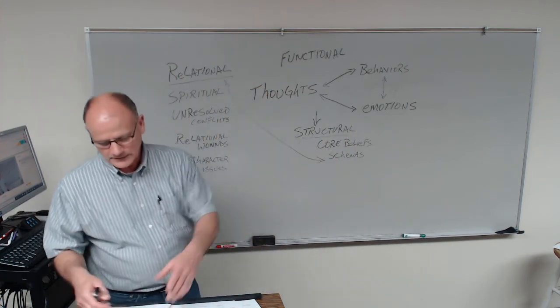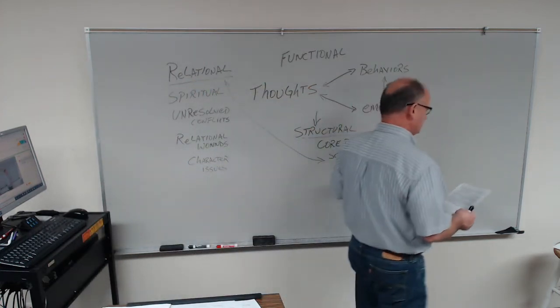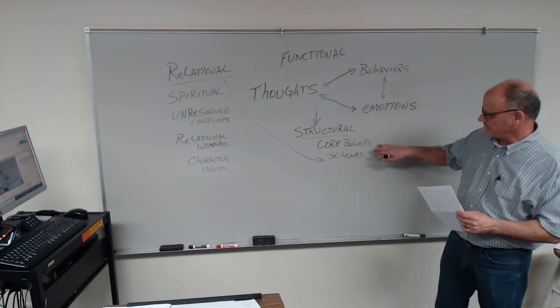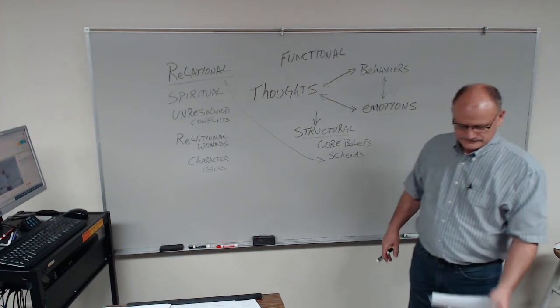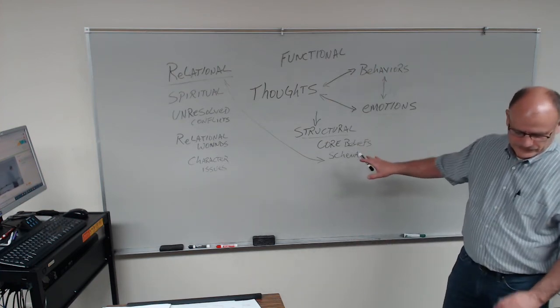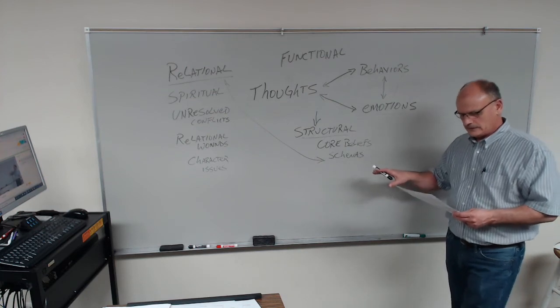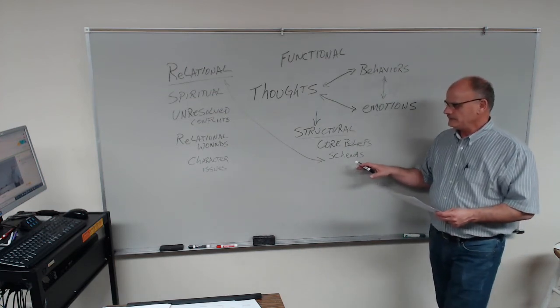With the schema, it's a little bit more, I don't want to say complex, but just follow this. It's a little bit more complex than core beliefs with the schema, simply because they were formed in early childhood or adolescence. All right? They were formed when basic needs are not met.